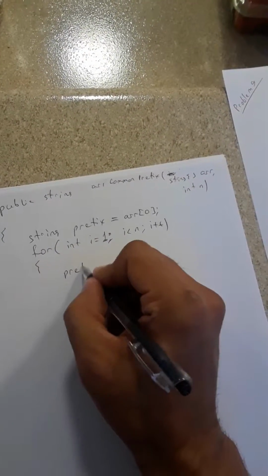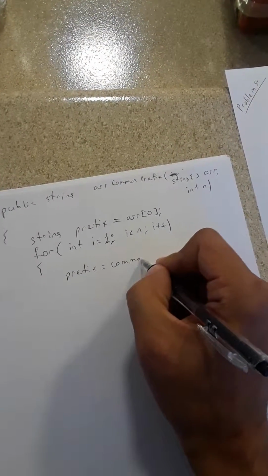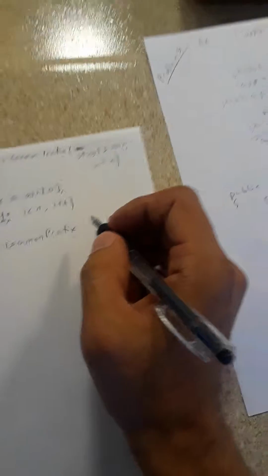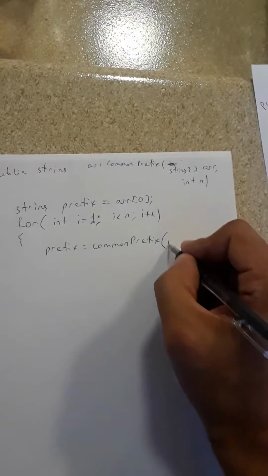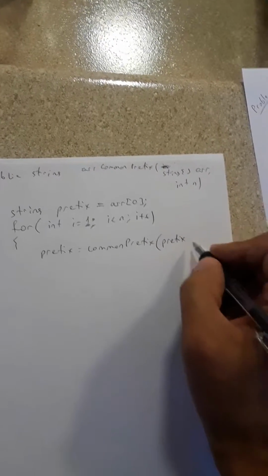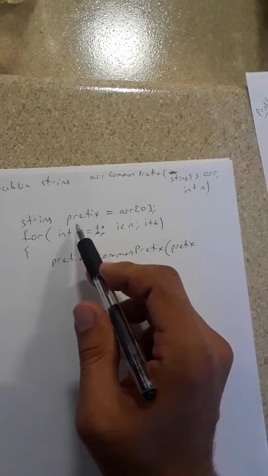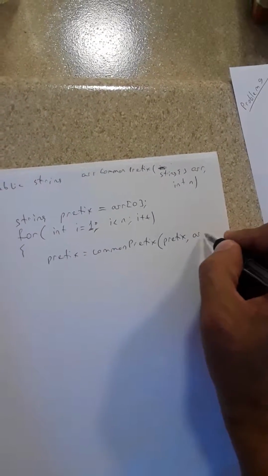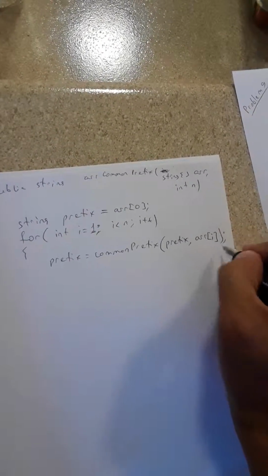And my prefix will be equal to the output of the function common prefix, which we already defined here. The arguments will be prefix, the previous prefix value. Right now for the first loop it will be the first element, and it will be compared with the next string in the array.